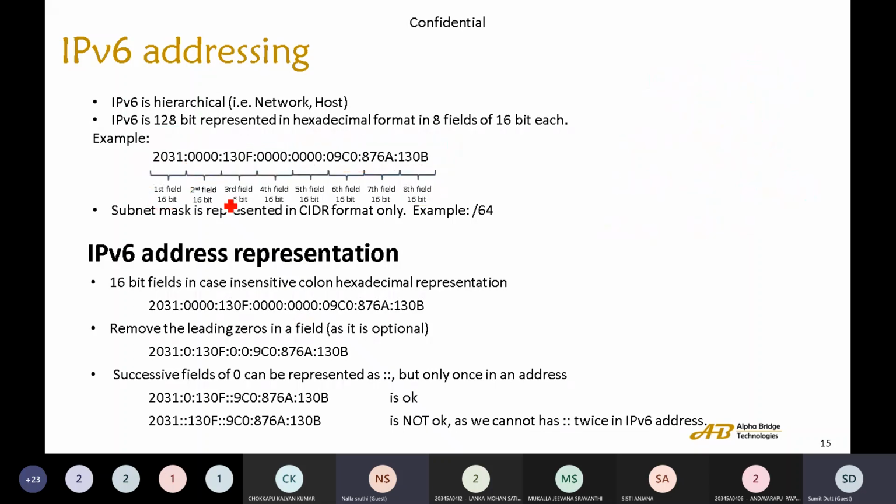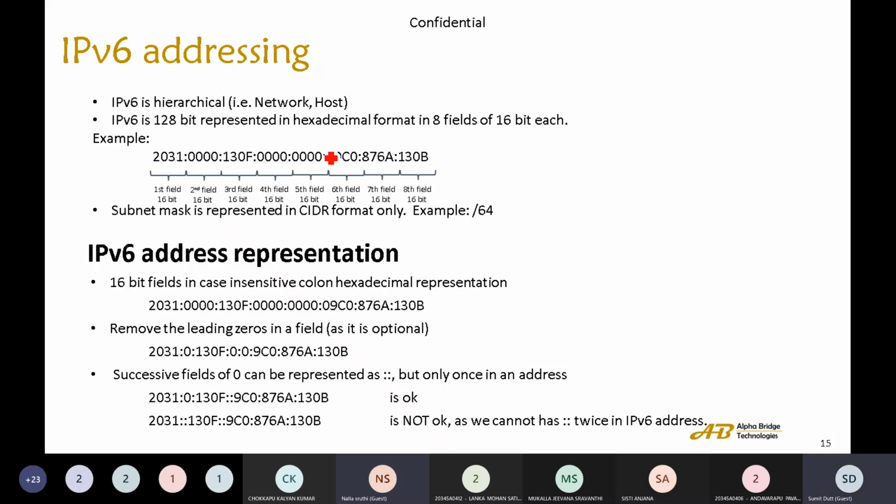The first rule says, let me tell you this way: if in the 4 hexadecimal digits the first digit is 0, we can remove it. So 09C0 will become 9C0.